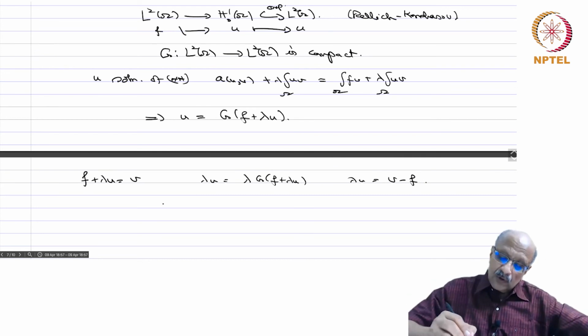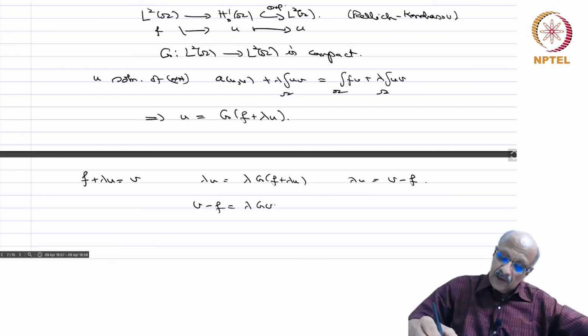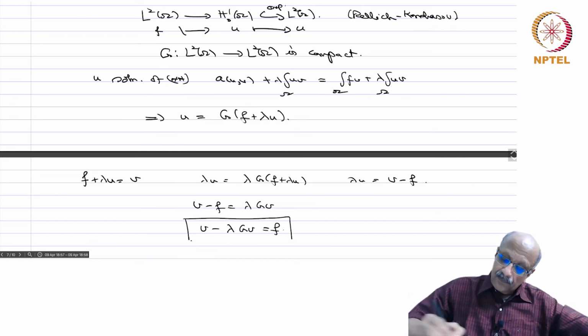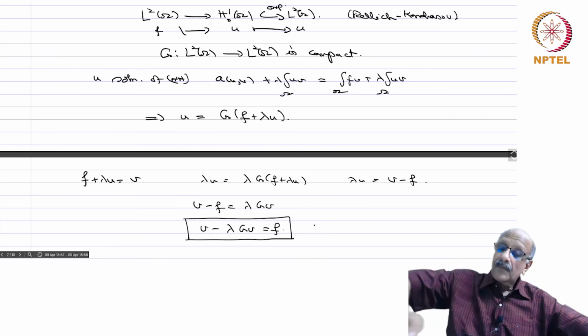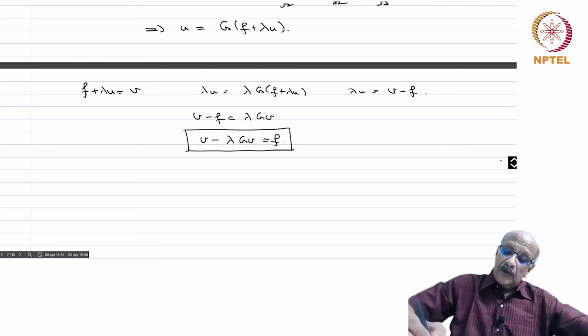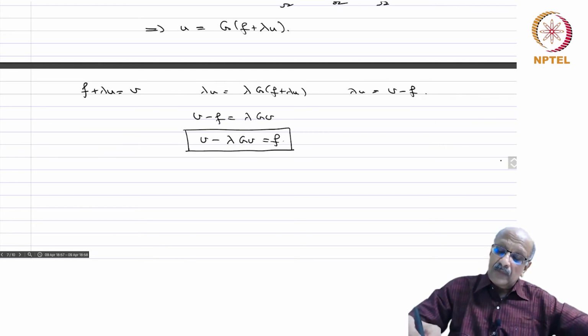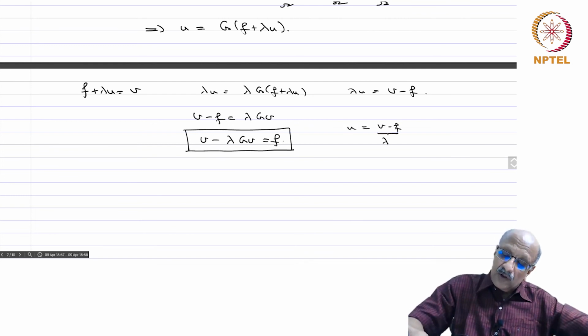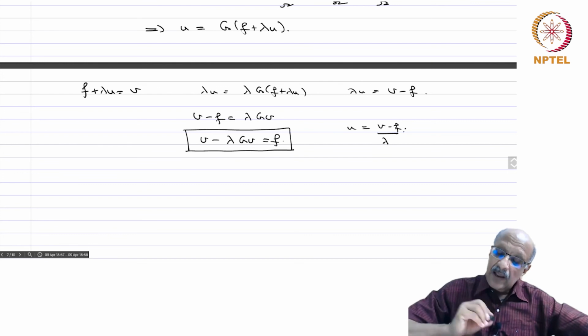So you substitute all these things here in this equation, so you get V minus F equals lambda GV, or in other words V minus lambda GV equal to F. So if you can solve for V, you solve for U, because U is given by V minus F by lambda. So U equals V minus F by lambda.